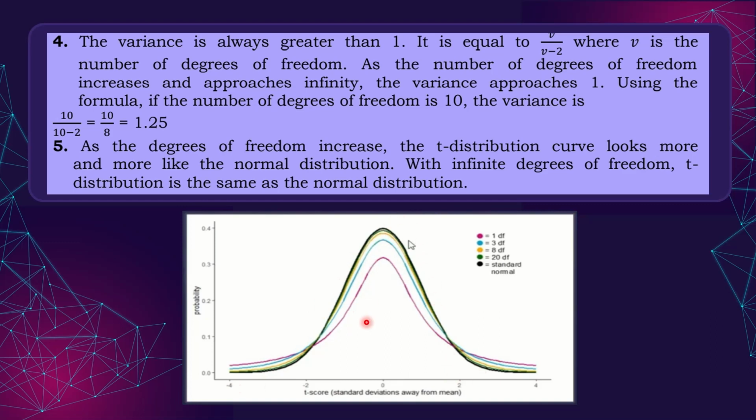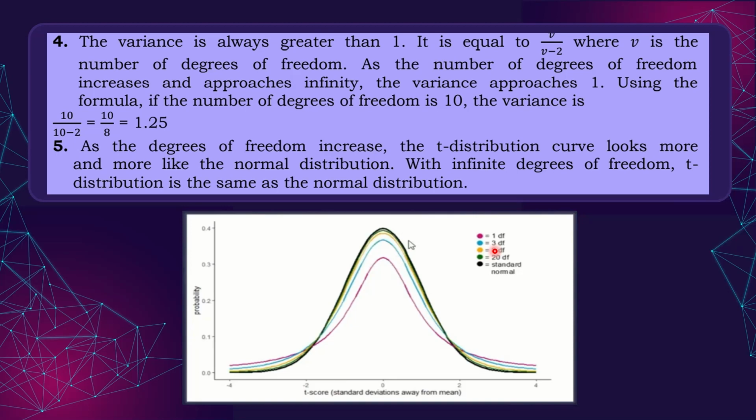And then nung 8 siya, umakyat din yung kanyang tail, and so on and so forth. Kaya nga, di ba sabi rito, as the number of degrees of freedom increases, habang lumalaki yung value ng ating DF o degrees of freedom, the variance approaches 1. Yung variance natin, nag-a-approach na siya sa 1.